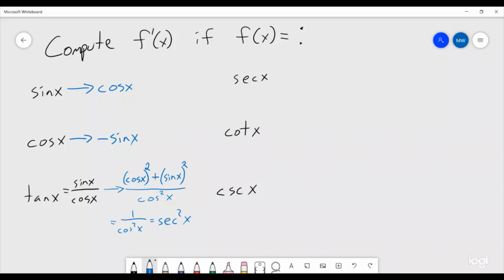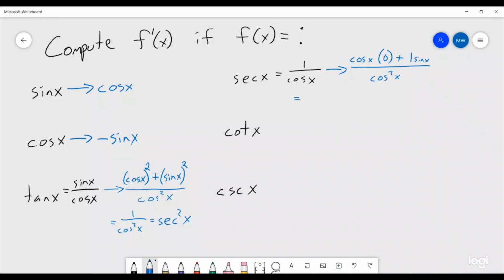Speaking of secant, what is the derivative of secant? Well, first let's write secant in terms of sines and cosines. So secant is 1 over cosine of x. Now, using the quotient rule, we have low d high, so that's a cosine x times 0, minus high d low, so the derivative of the bottom, cosine, is a negative sine, so it becomes a plus sine x, all over the bottom squared, so that becomes a cosine squared x.